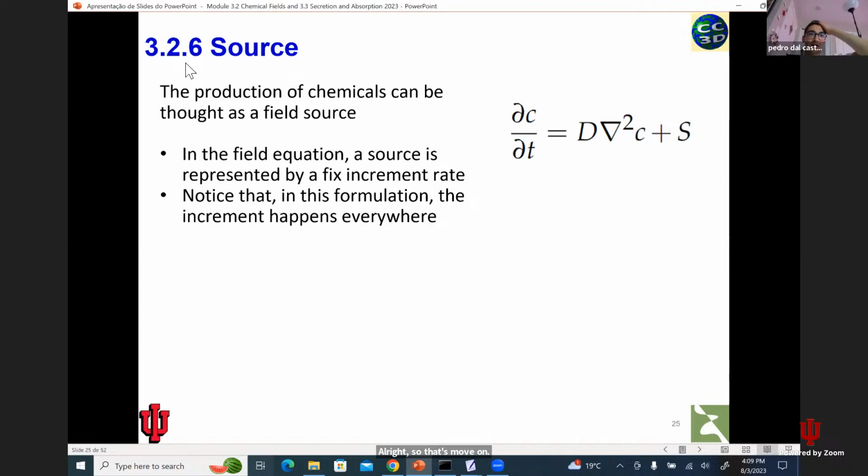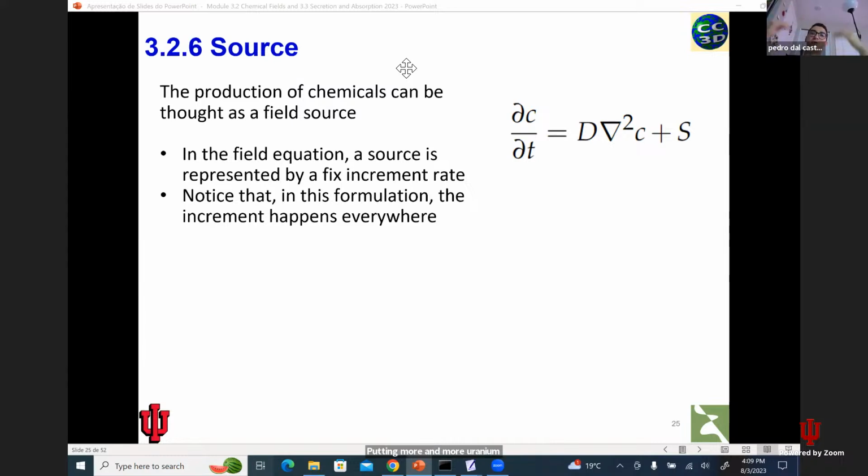Now let's talk about sources and sinks. The source is basically a constant influx of field in the space. So let's say you have your uranium decaying, and someone is putting more and more uranium inside the box.